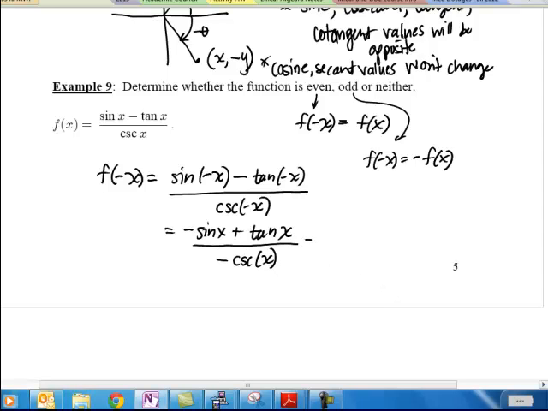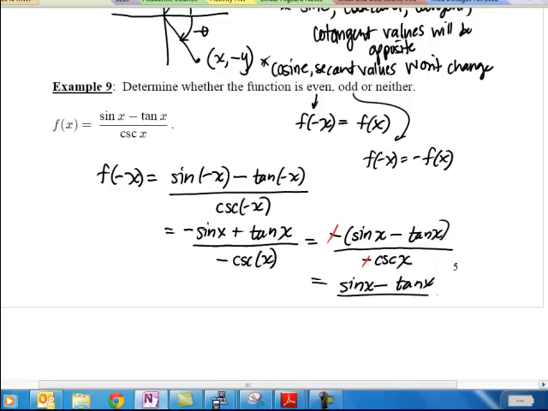So we want to compare that with what we started with. We have the opposite numerator, and we have the opposite denominator, which means that we have actually the same thing as what we started with, since both the numerator and the denominator are opposite.